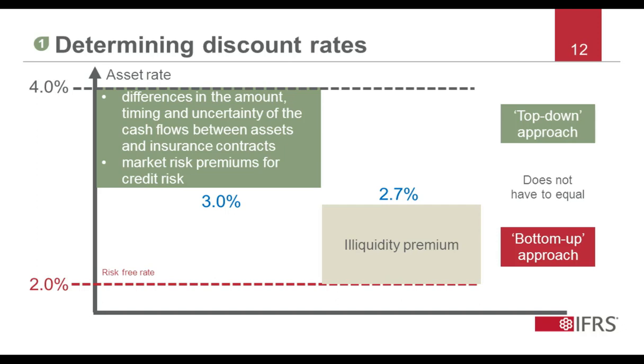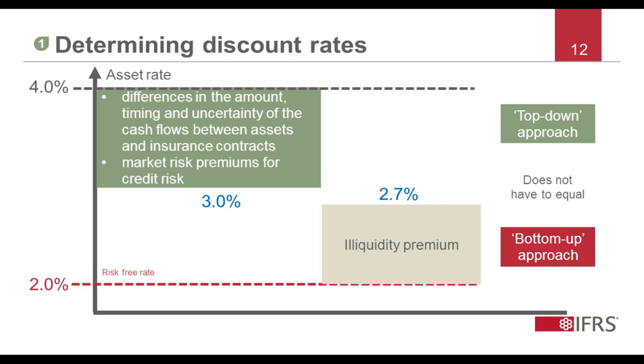So an entity will need to make appropriate adjustments for any characteristics that are present in the asset but are not present in the insurance liability. For example, the asset's market risk premium and differences that arise in the amount and timing of the cash flows.